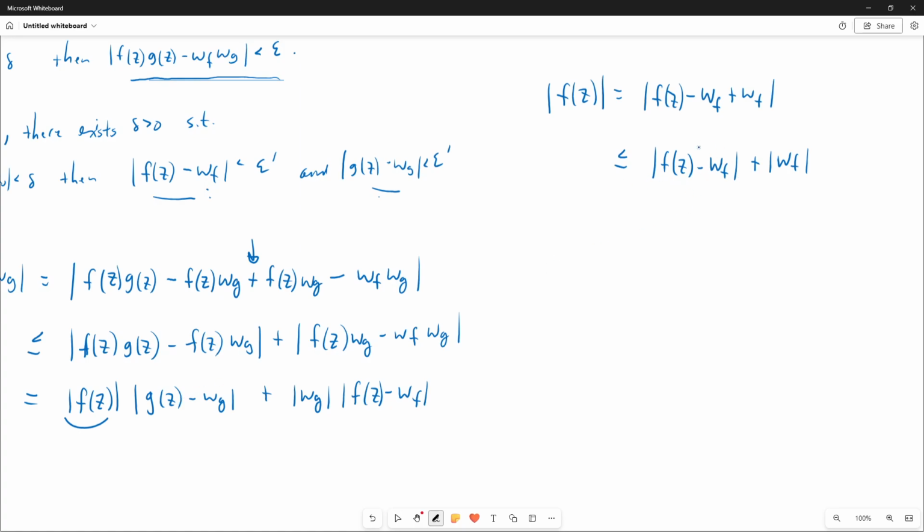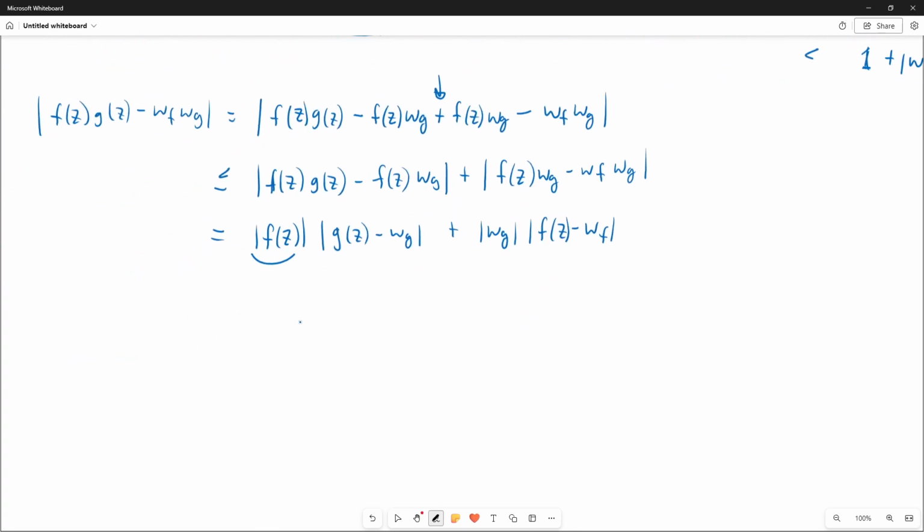And this one can be made as small as we like. It can be made less than epsilon prime, but let's just say that we're only interested in making it less than 1. So let's put a 1 there. So the modulus of f of z, if delta is small enough, can be made less than 1 plus the modulus of wf.